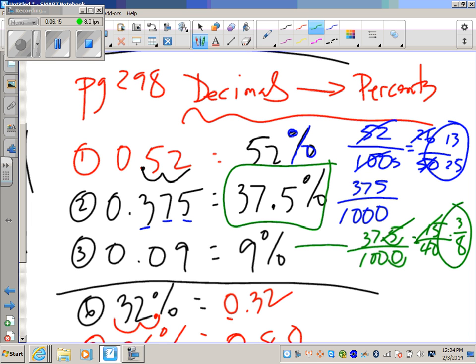Okay, how about this? 9 in fraction form? No, 9 over 100. If this is what we have, if it's 2 places after the decimal, I need 2 zeros, right? Okay, so can we simplify 9 over 100? So we're good. Yeah. 0.8.